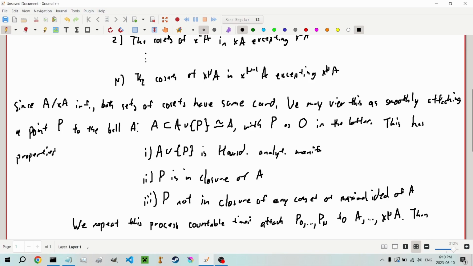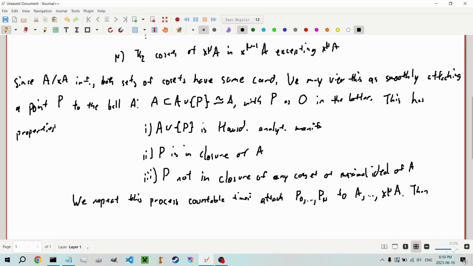And then we're going to attach another point P to the mu plus 1 to x to the mu plus 1 alpha, and pass this to the limit.